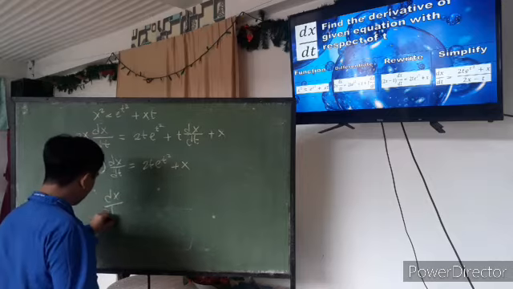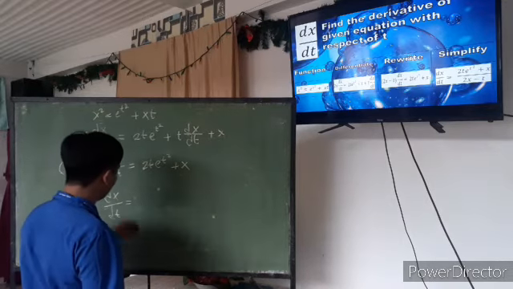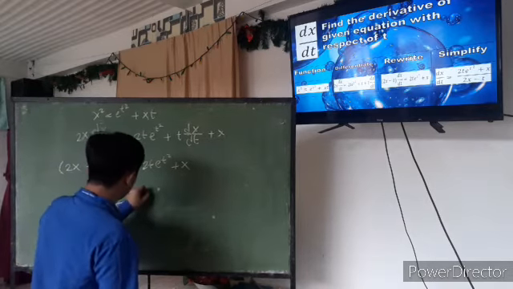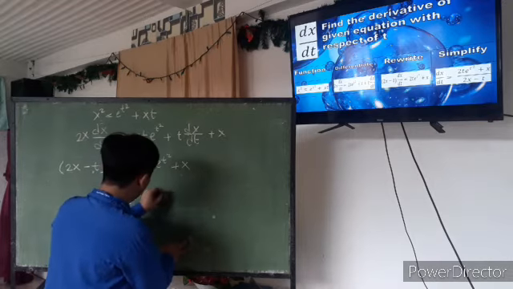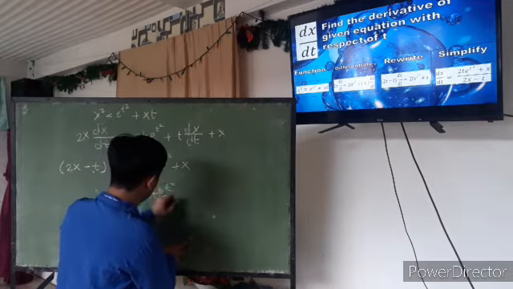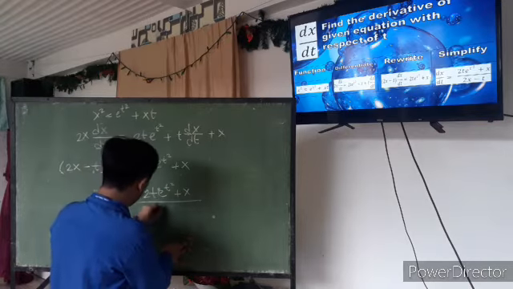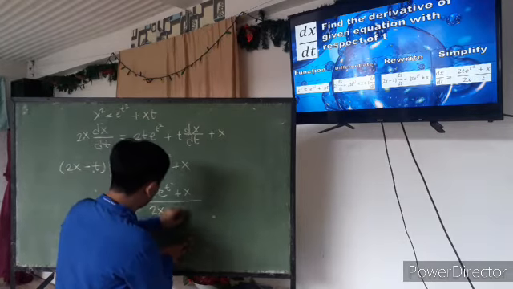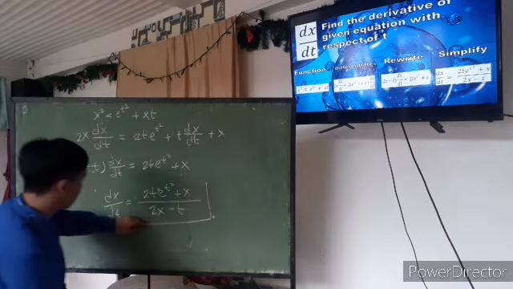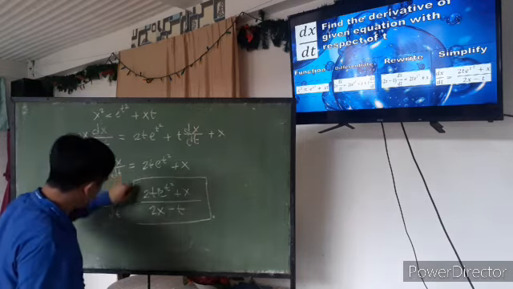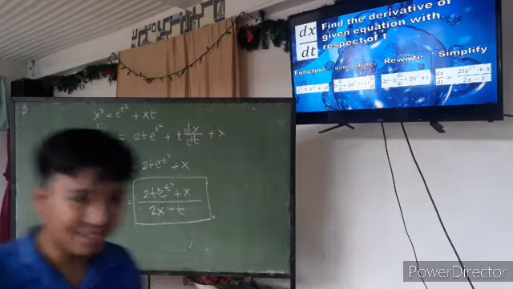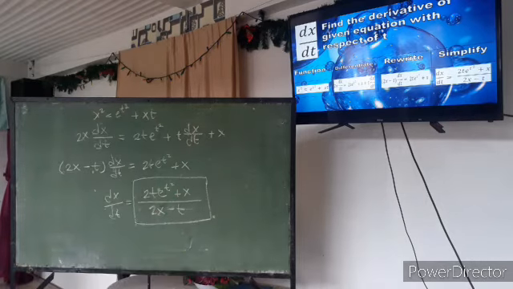Then, we find that d of x over d of t is 2 of t raised to t squared plus x over 2 of x minus t. Yun. Tapos na yung number 6.